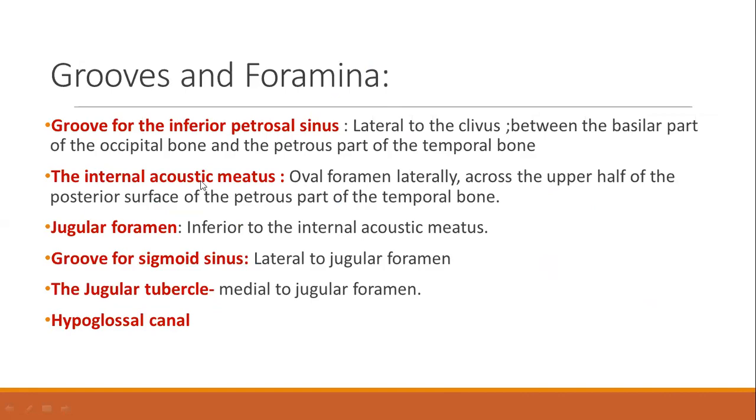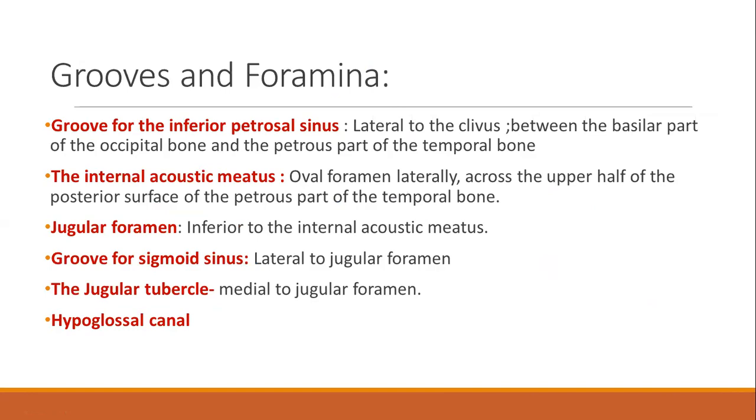Grooves and foramina. Groove for the inferior petrosal sinus lateral to the clivus, between the basilar part of the occipital bone and the petrous part of the temporal bone. The internal acoustic meatus is oval, across the upper half of the posterior surface of the petrous part of the temporal bone. Jugular foramen inferior to the internal acoustic meatus.